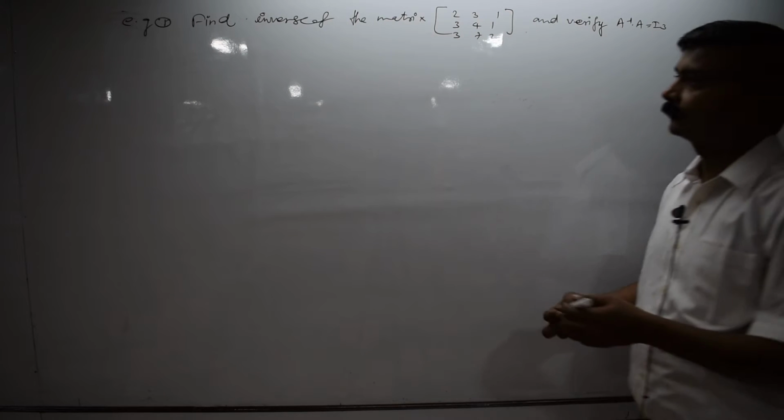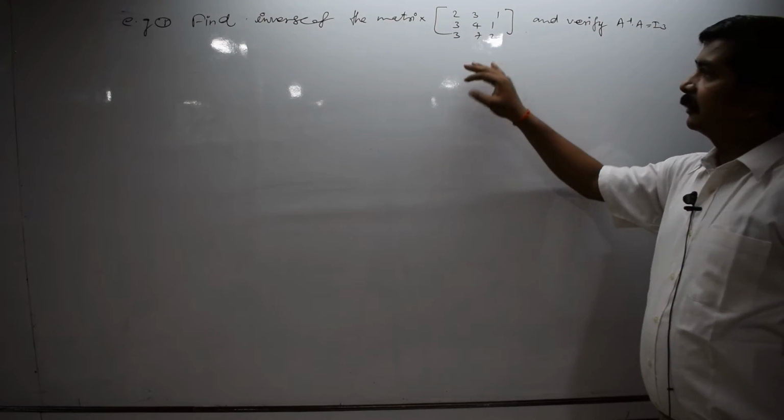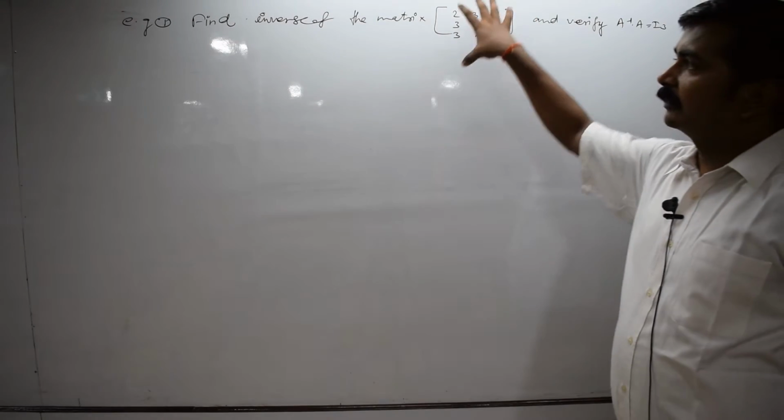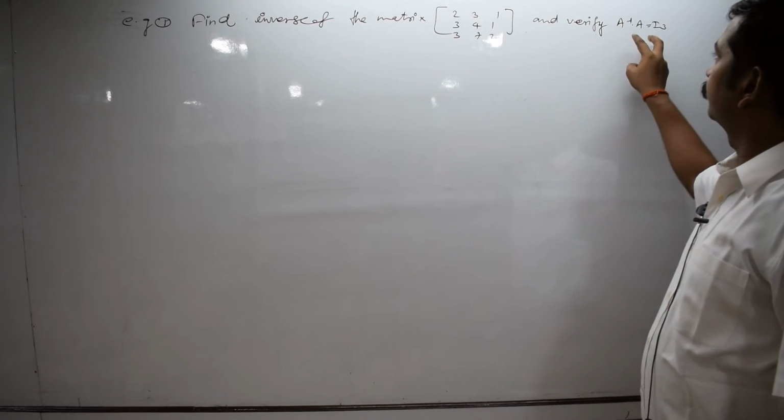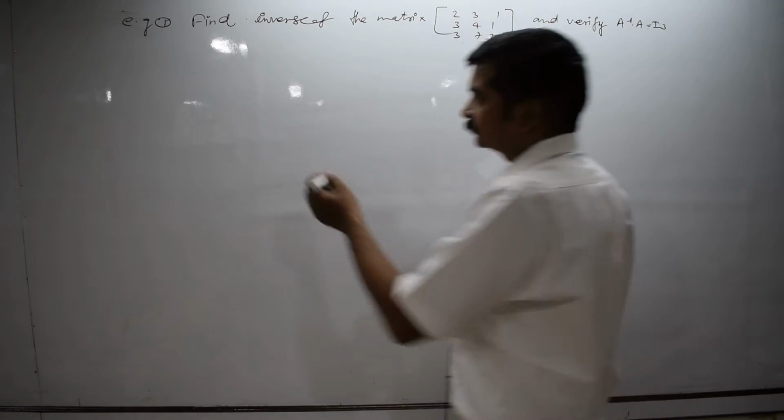Now, we are given a square matrix, we want the inverse of this matrix, and also to verify that A inverse into A equals I3.